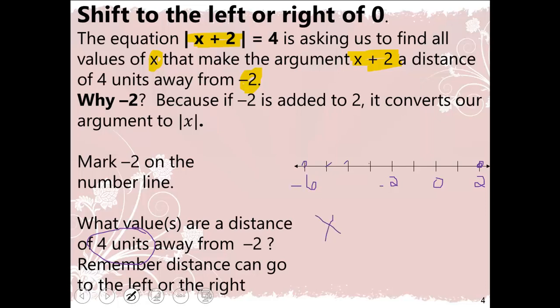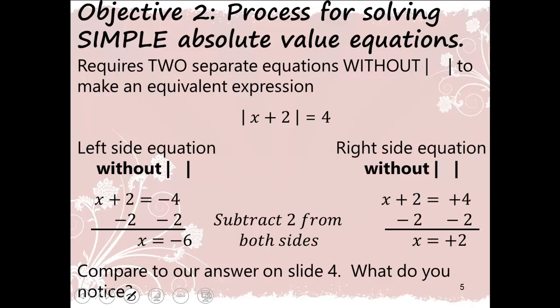So that means x is equal to -6 and x is equal to 2. 2 answers because we can go in 2 directions, okay? Remember, distance can go to the left, distance can go to the right. Keep these answers in mind, because now we're going to approach a way. This is a graphical representation, and now we're going to look for an algebraic representation.